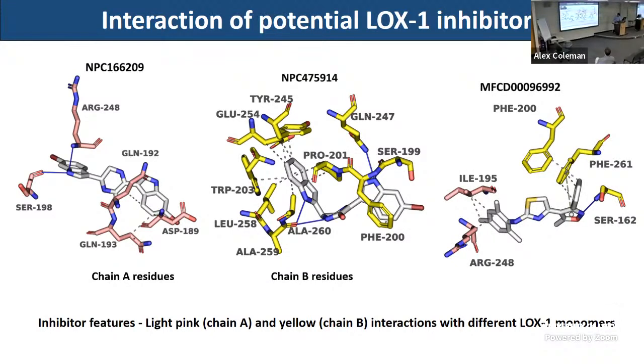If you see in this image, this compound is involved in the interaction with A chain amino acids. And this compound, named here NPC 4759, is responsible for interaction with B chain amino acids. And this compound takes part in interaction with both A chain and B chain. This yellow color belongs to the B chain, and this light pink color belongs to the A chain.